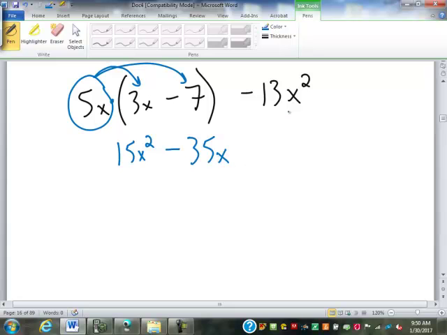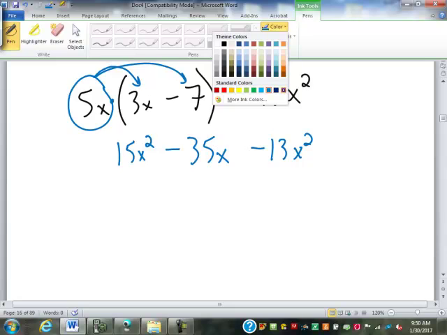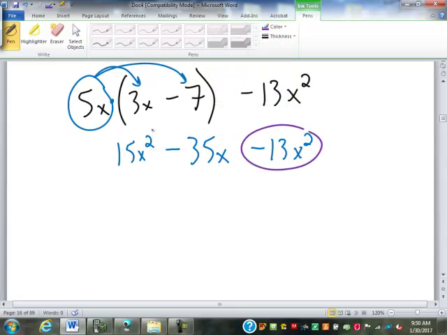Negative 35x. And we have the negative 13x squared there. What do we have to do with that? Combine it with the 15x squared. Good. To combine with addition or subtraction, they have to have the same name, which is the same variable and the same power. So 15 and negative 13 make 2x squared. Now I get asked all the time, why doesn't that become x to the fourth? Because when we add or subtract, we keep the same name.